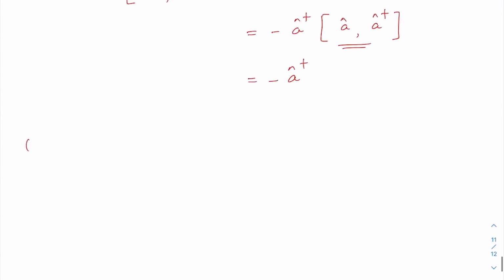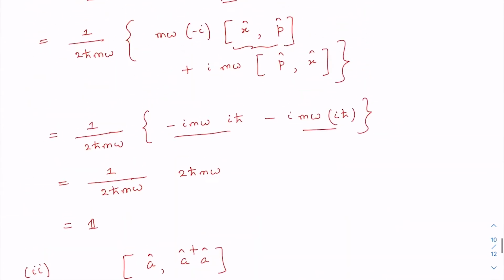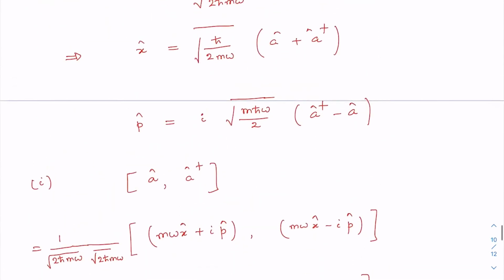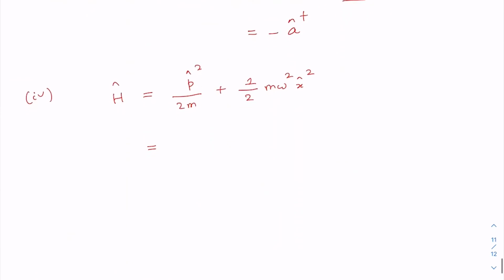And finally, in the last part of the problem, the Hamiltonian we have to express in terms of creation and annihilation operator. Hamiltonian is given as p square by twice m plus half m omega square x square. If I put the form of x and p from here, I will get the first term would turn out to be minus h cross omega by 4. You can check it.